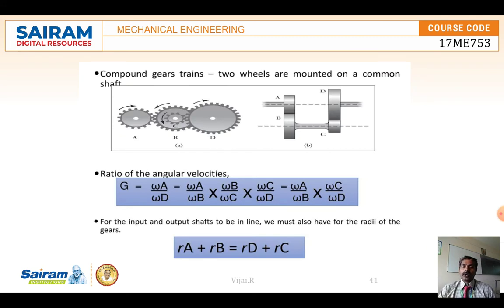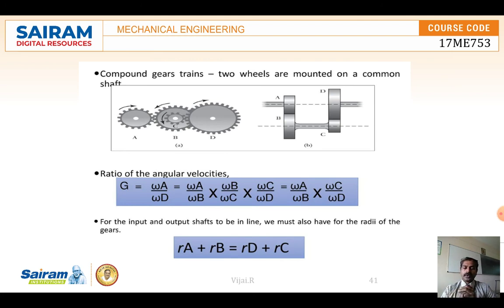In compound gear trains, we can see two wheels mounted on the same shaft. A is the driver here, and the final D is the output. A transfers its speed to B, and B and C are on the same shaft, so the speed will be the same there, and C gives the speed to D. So we will get a different speed. Depending upon the shape and size and the number of teeth, the speeds may vary.